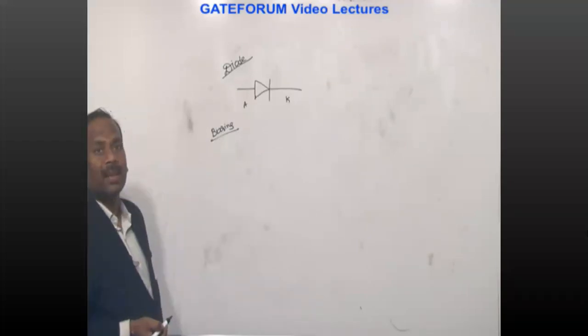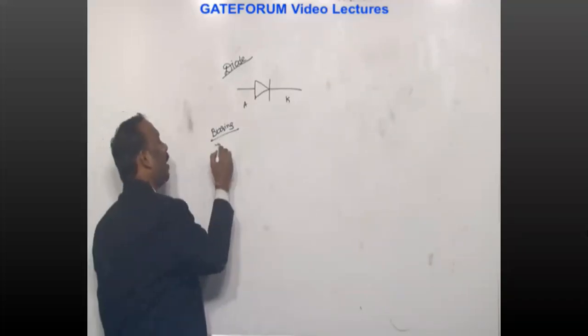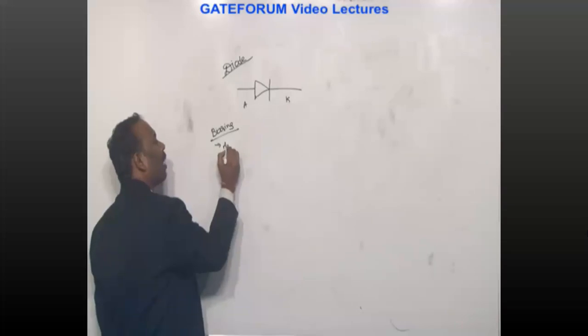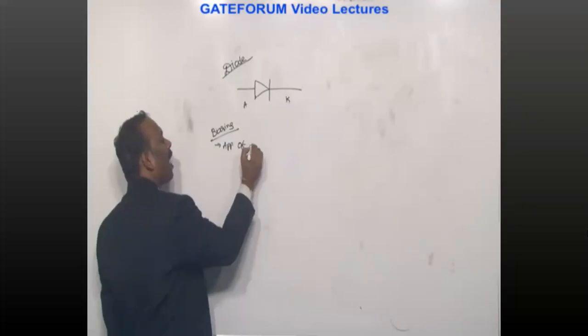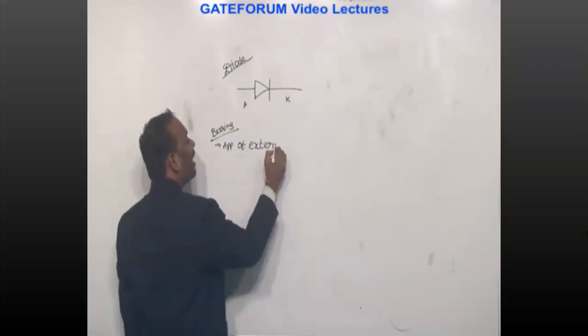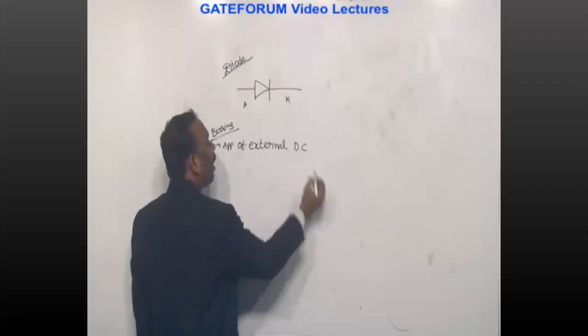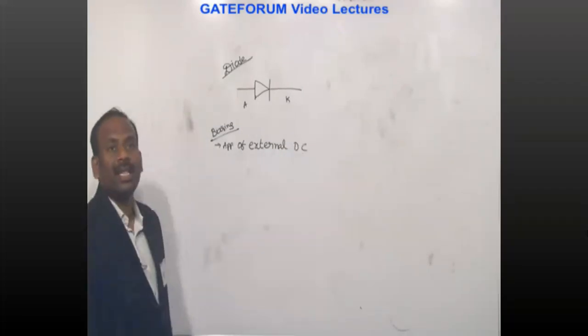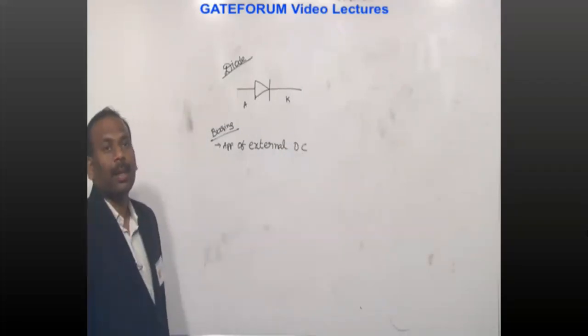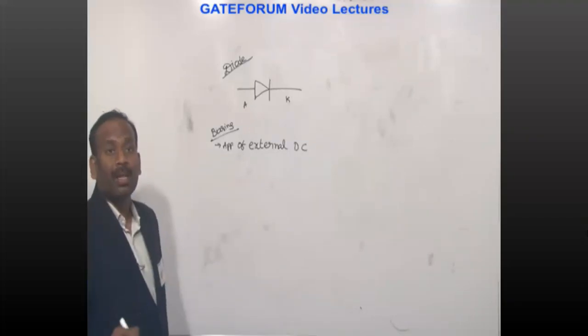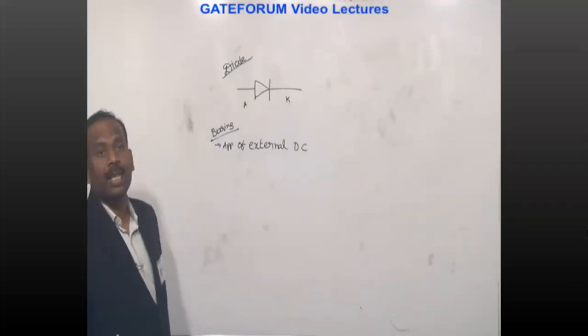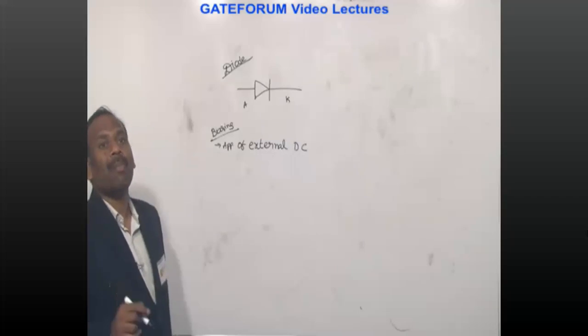What is meant by biasing? It is the application of external DC voltages.